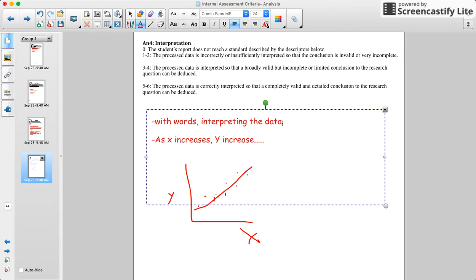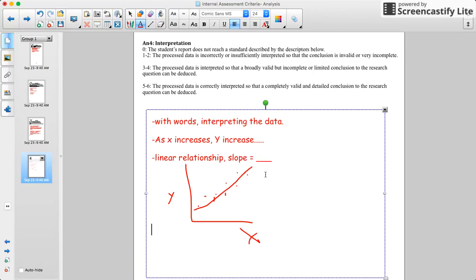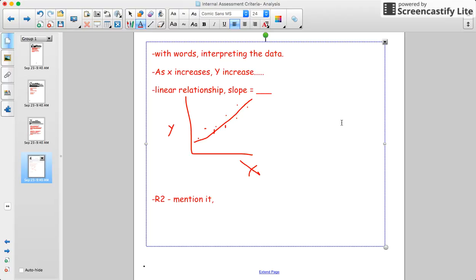From this one, it looks like it's a linear relationship. If you've taken the time to do a trend line equation, which you should, you could state the slope. So linear relationship, the slope equals this. You could mention the R squared value at this point, which you get. You mention it in terms of how closely your data matches the trend line.